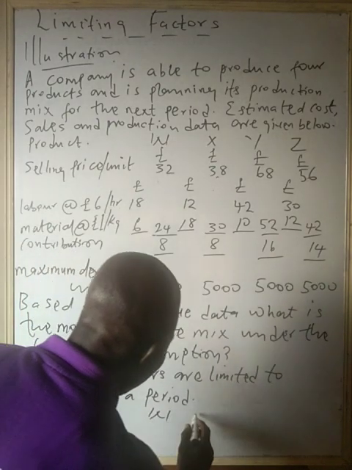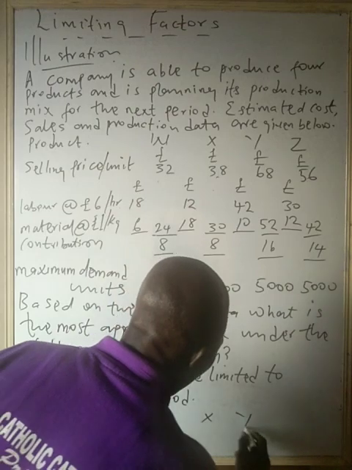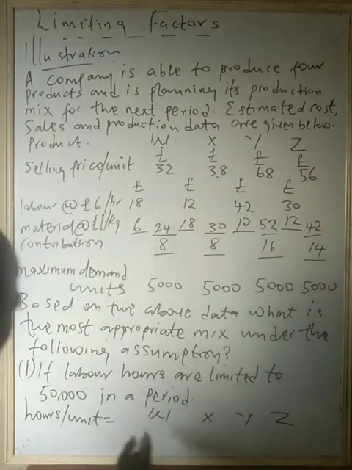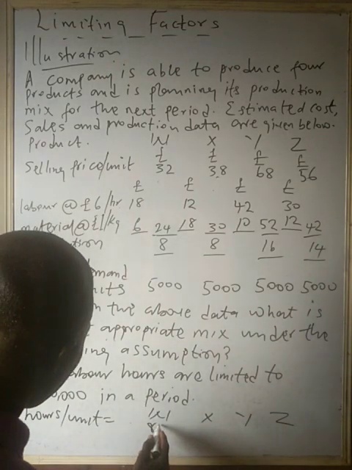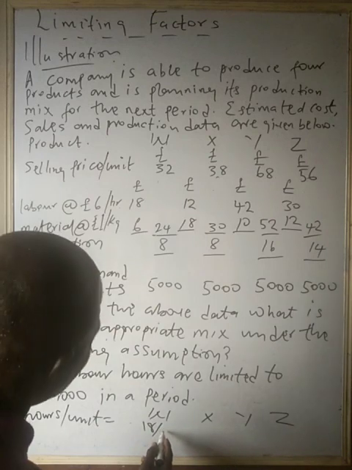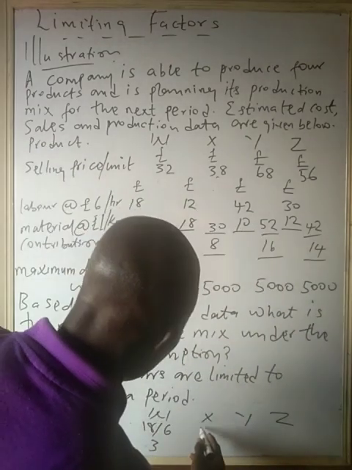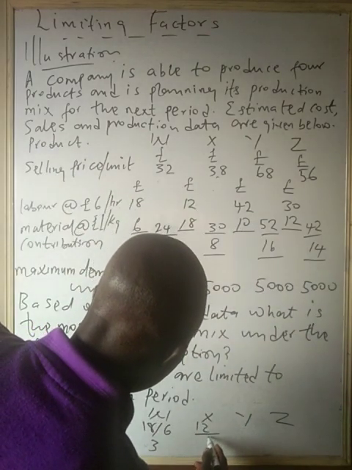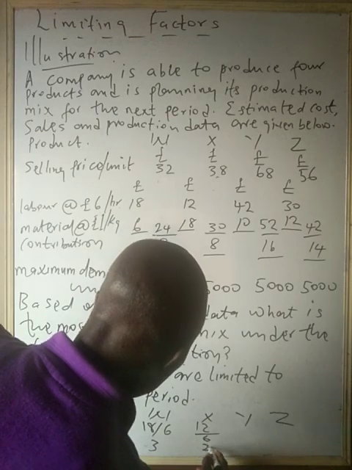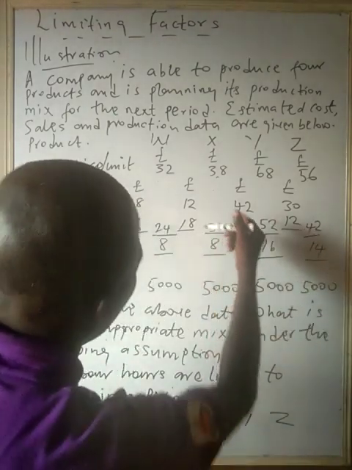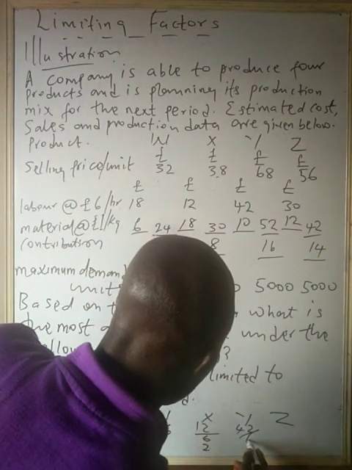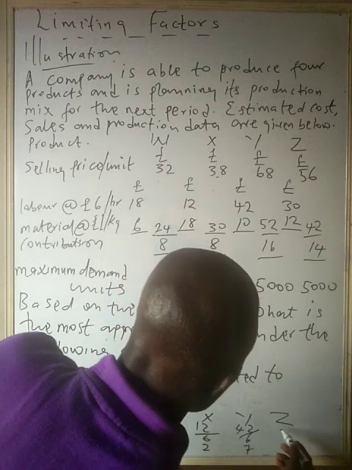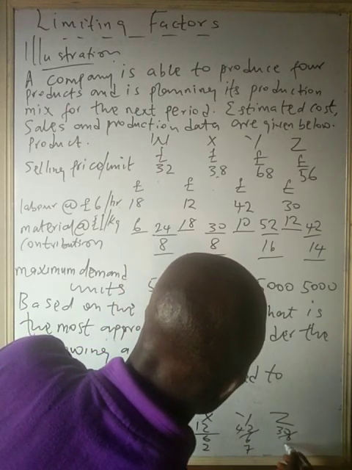Product W, X, Y, Z. That is, 18 divided by 6 giving us 3. 12 divided by 6 giving us 2. 42 divided by 6 giving us 7. 30 divided by 6 giving us 5.